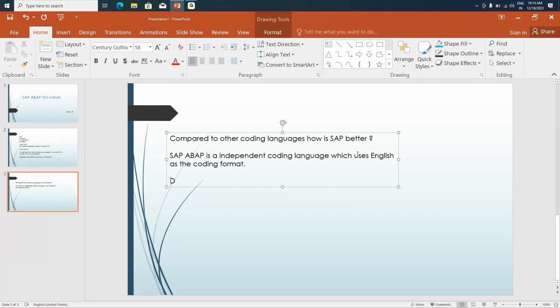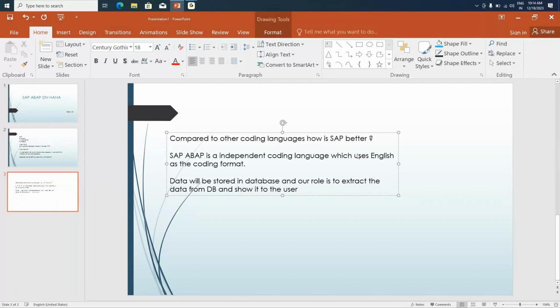The data will be stored in the database, and our role is to extract the data from the DB and show it to the user in a readable format.